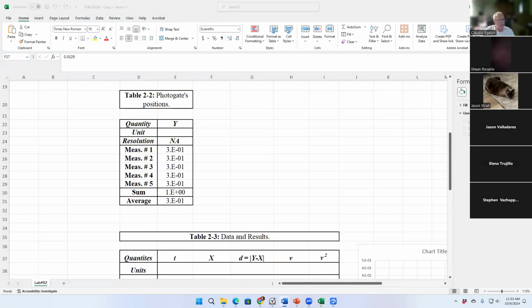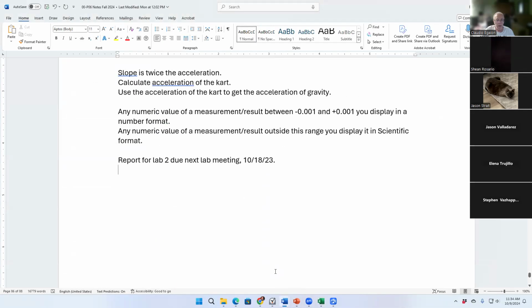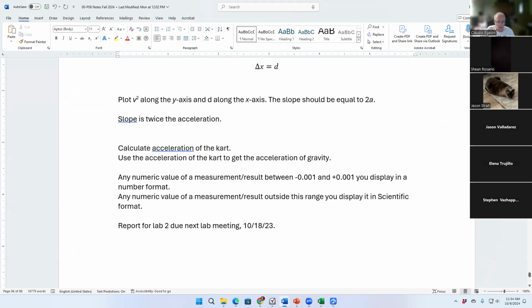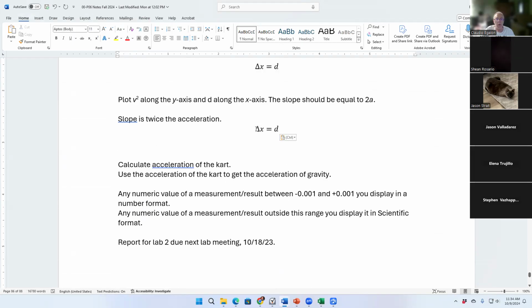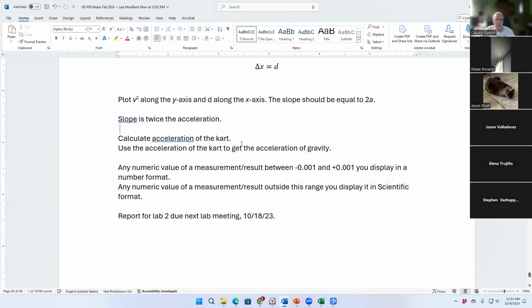Acceleration of the cart, the acceleration of gravity. Slope is twice the acceleration. Acceleration is half of the slope. Divide by 2. Calculate the acceleration of the cart.